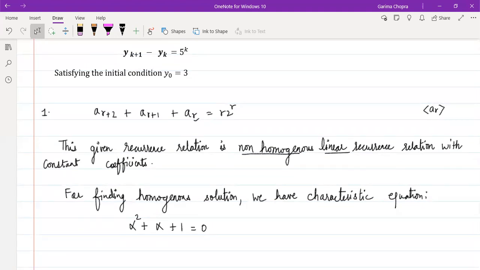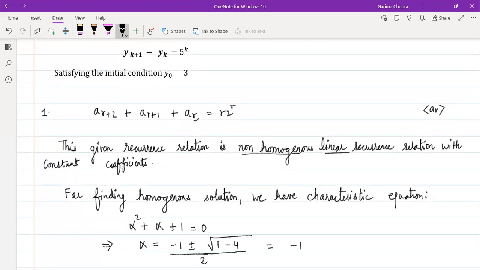This quadratic equation has two roots. So let us solve this equation and find its roots. Alpha will be minus b plus minus under root b squared minus 4ac, divided by 2a. Here b is 1, so b squared minus 4ac is 1 minus 4, and a is 1, so the denominator is 2.